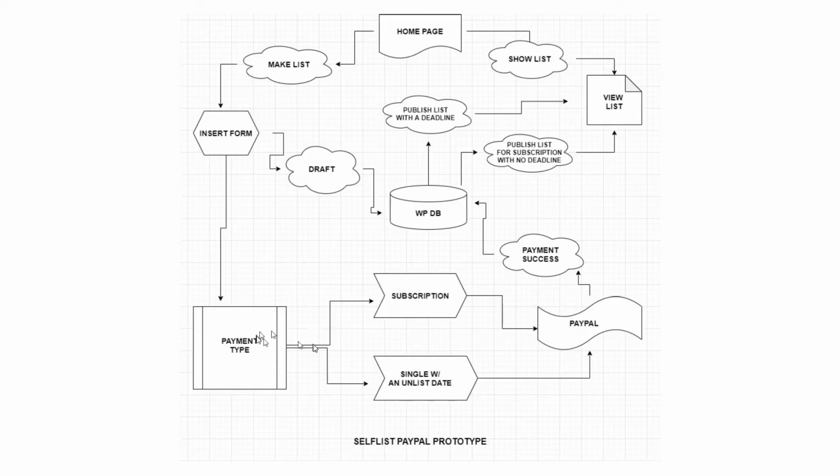And all the data we are sending through these forms gets included with the IPN, or instant payment notification, that PayPal sends upon success. So this hits the WordPress DB directly, and from there we choose the information based on either subscription or a single with a deadline.